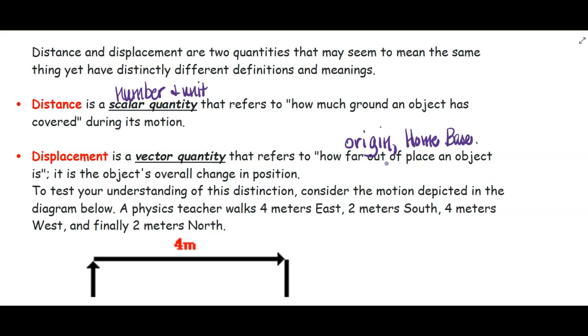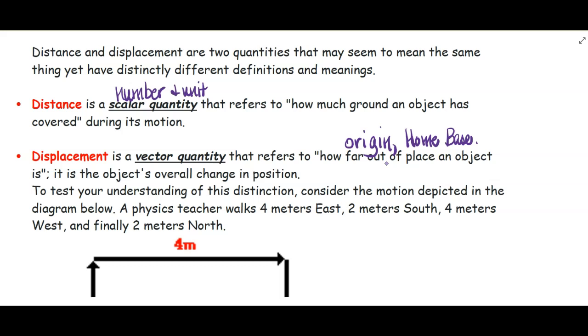In baseball, home base is where everybody is moving from and returning to. In a racetrack, let's talk about the Indy 500. They go around and around, so they return to the original after they make one circle. So returning to home, returning to the origin.